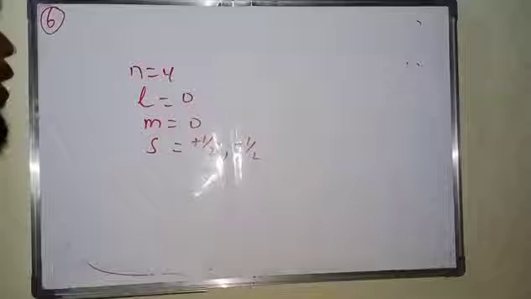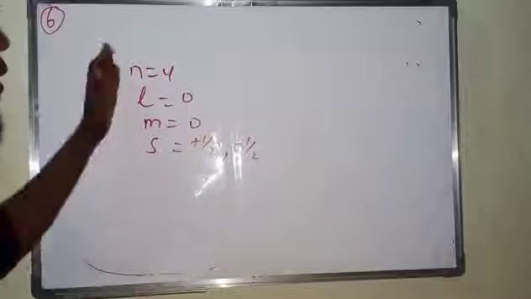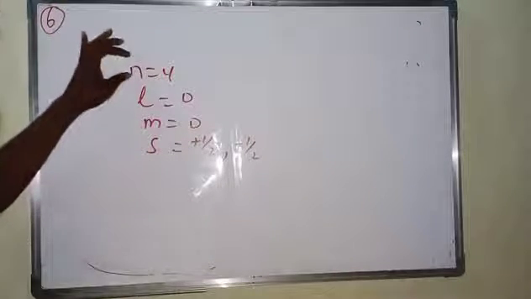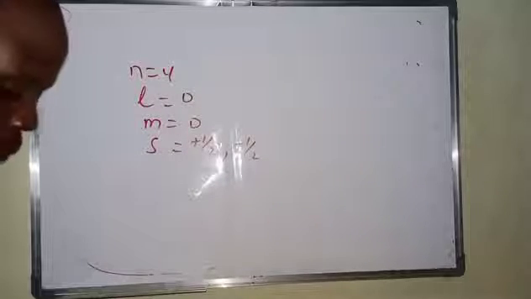And the question now is, the element that will have an electron with all this, then it's likely to be what?